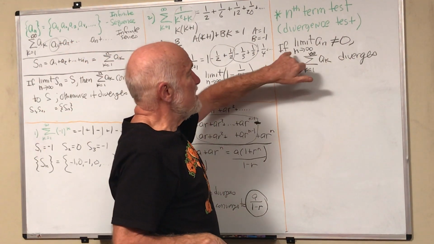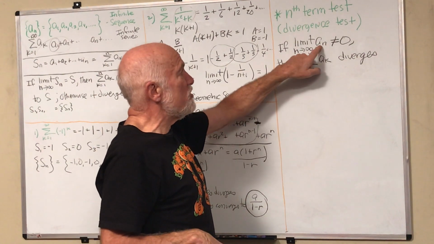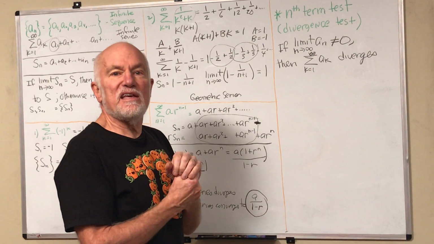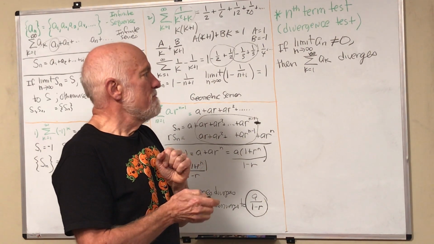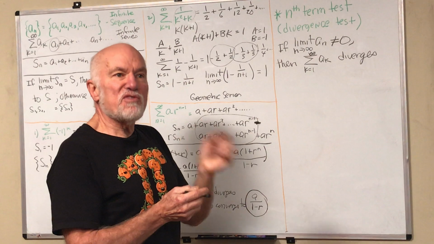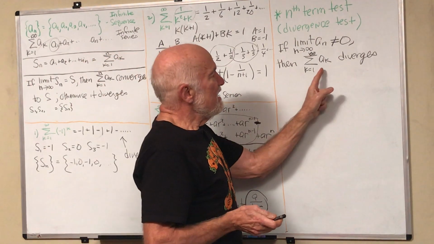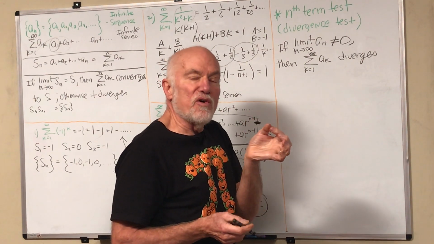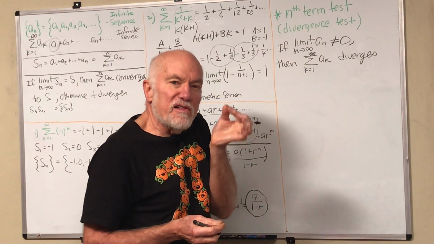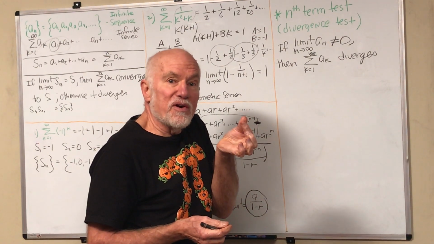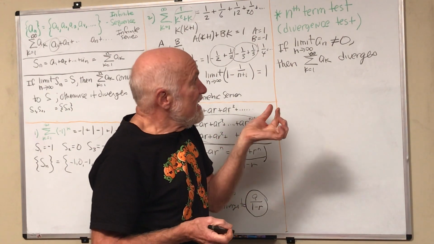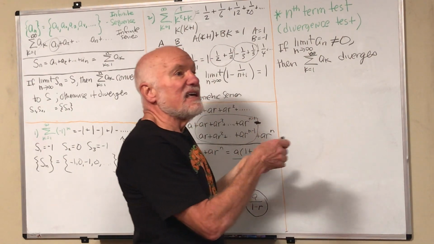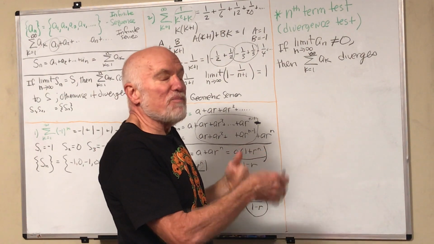Because if you can just take the series and look at the nth term of the series, and that term does not go to 0, we can say automatically that it diverges. And if you think about it, it makes some sense. Because even if these terms are getting really, really small, if they don't go to 0, say they go to some really small finite number, you're still going to be adding that to s sub n when you're looking at the sequence of partial sums.